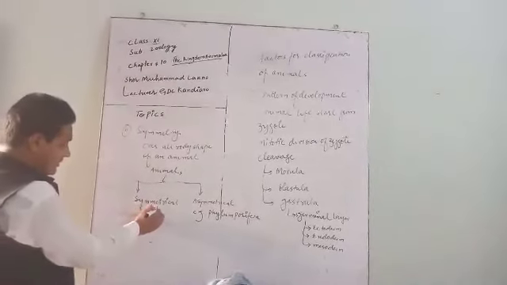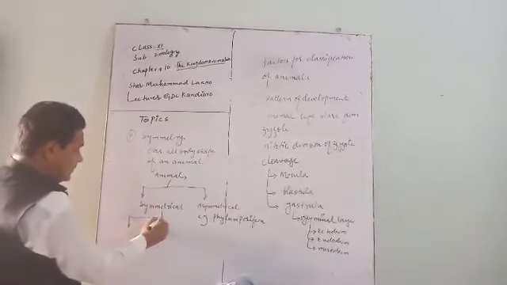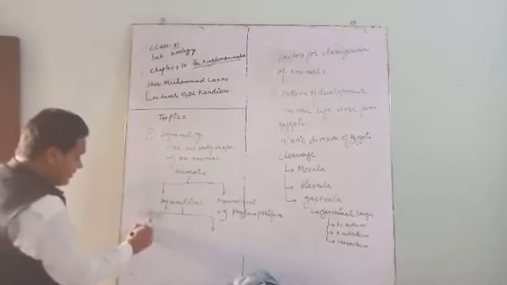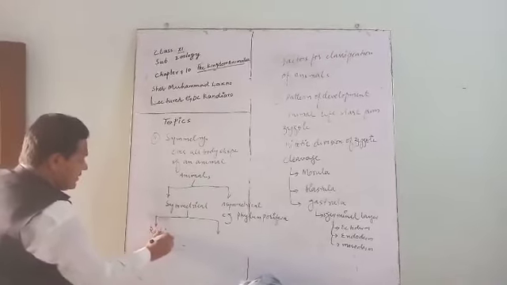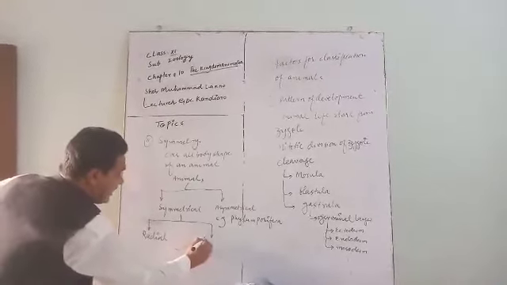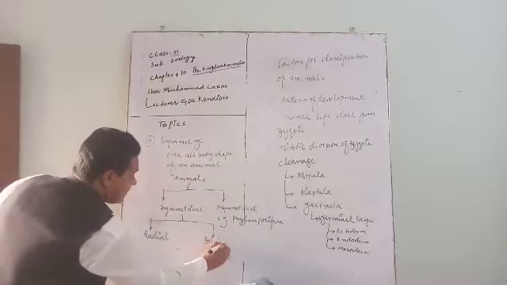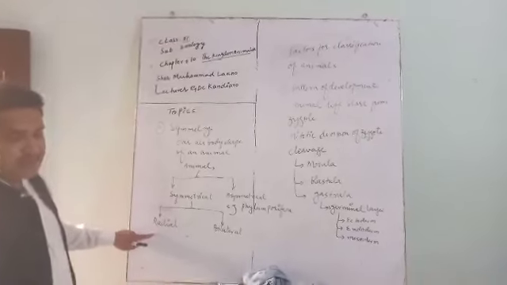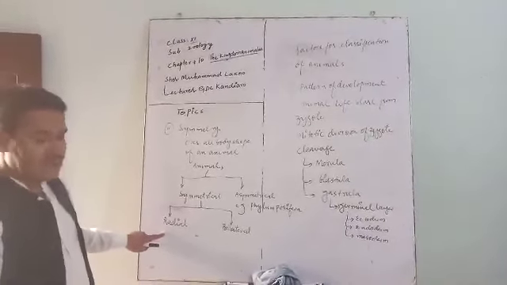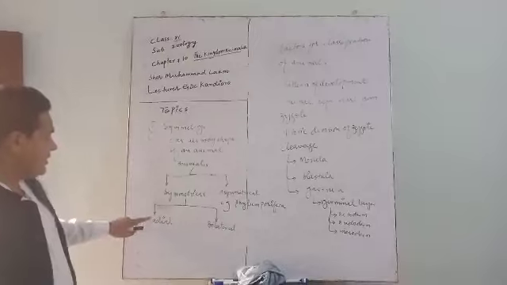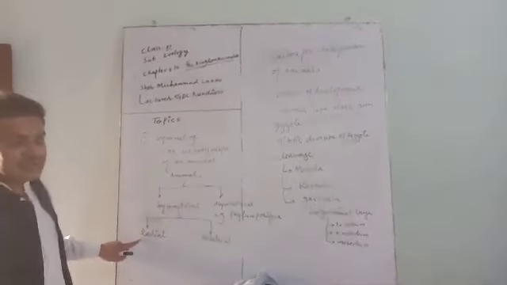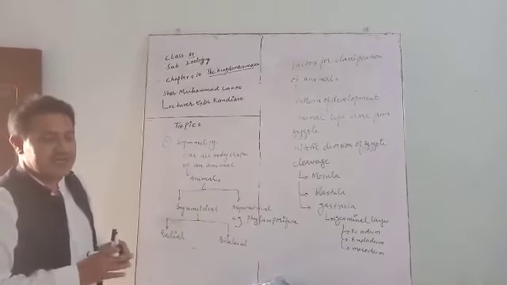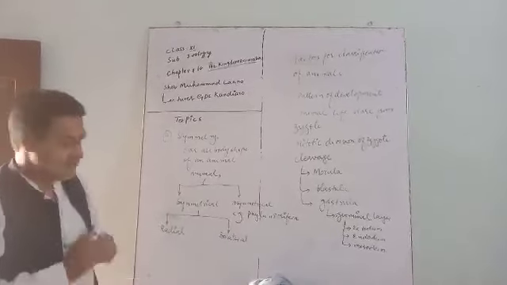Symmetrical animals are also subdivided into two categories: radial symmetrical animals and bilateral symmetrical animals. Radial symmetrical animals are rounded animals, and their body can be divided into two halves by cutting from the main axis.